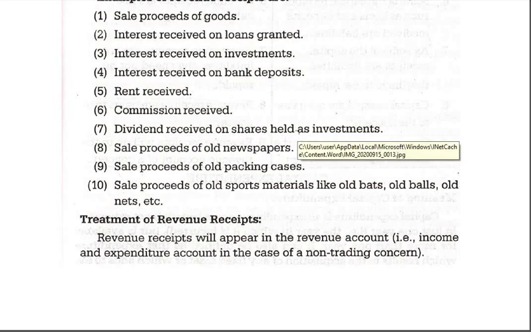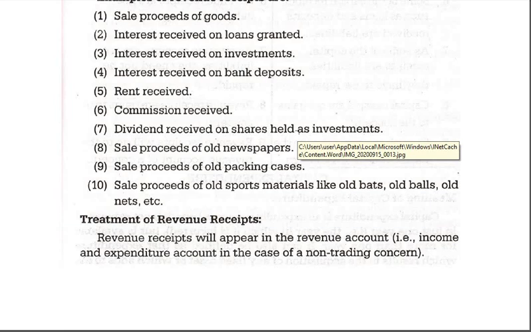How will revenue receipts be shown in the final accounts of a non-trading concern? Revenue receipts will appear in the revenue account, that is income and expenditure account, in the case of a non-trading concern. So all these items will come to the credit side of the income and expenditure account, whereas capital receipts will be shown in the balance sheet either as a liability or as a deduction from assets or investments.